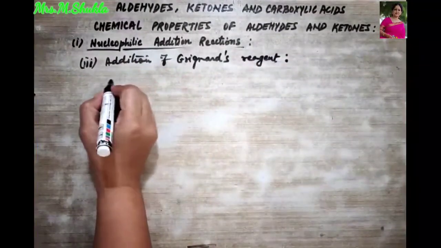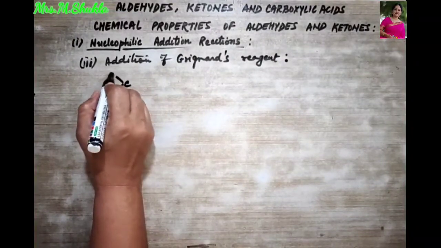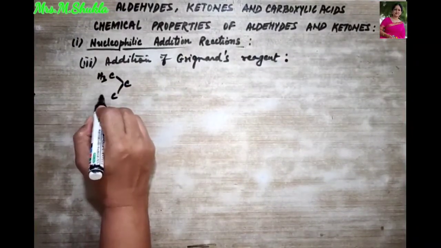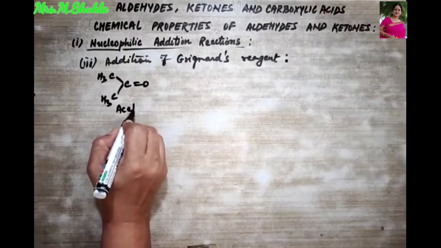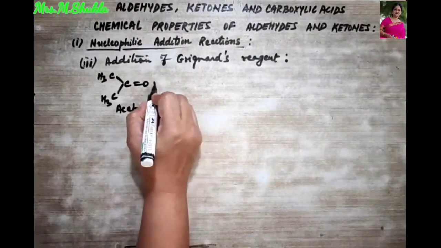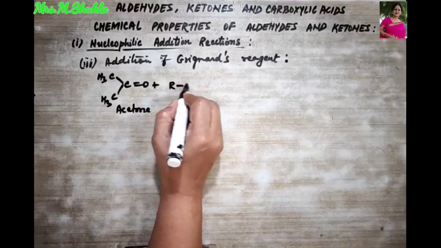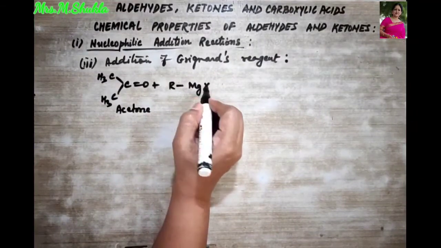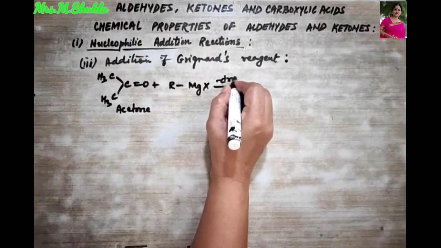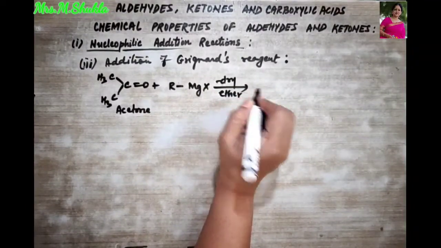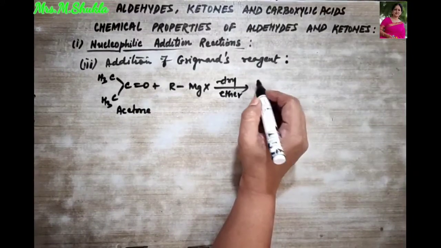Let's see, if I take acetone, CH3 C double bond O CH3, and treat it with the general Grignard's reagent RMgX in dry ether, firstly we are going to obtain an addition product.